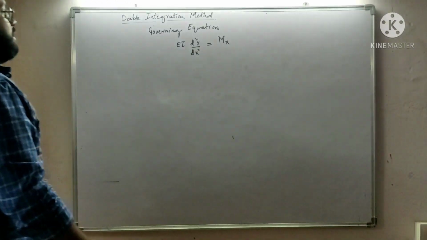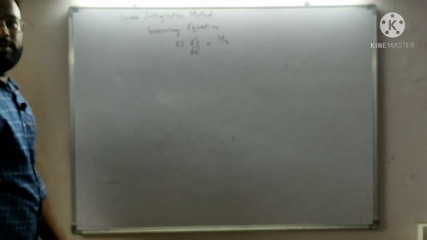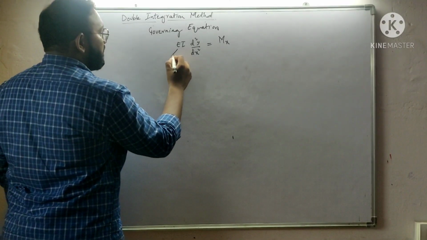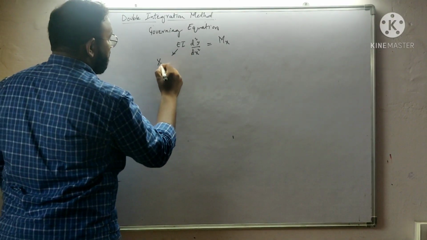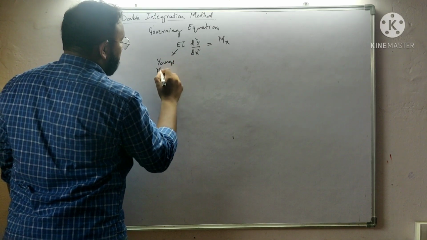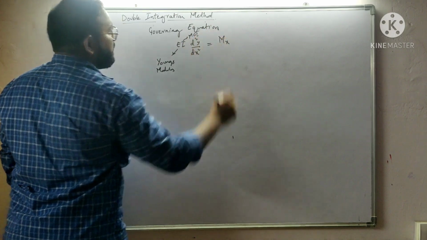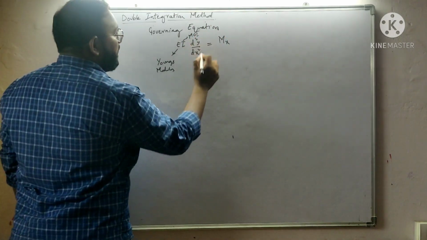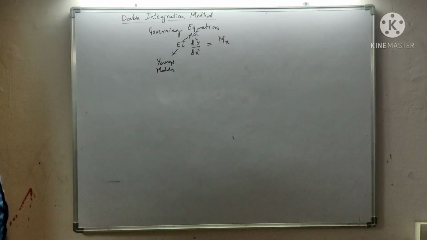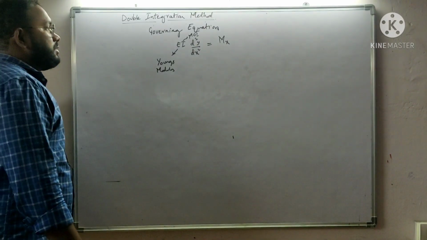This is a differential equation. Here E is Young's modulus or modulus of elasticity, which you have studied in solid mechanics. It is different for every material. I is the moment of inertia, which depends on the section, and d square y by dx square is the differential term.